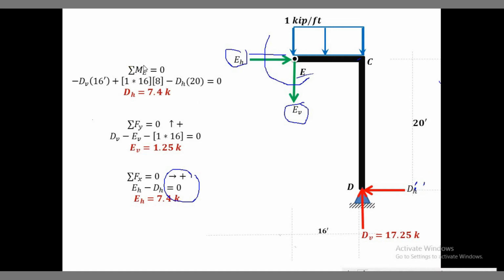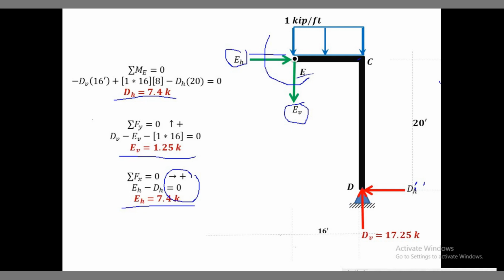So if I take summation of moments at E, masosolve ko si DH, then makukuha ni EV, then ni EH. If you double check this one, makikita ninyo na magiging zero si moment at E. Again, nagkataon lang kasi na dito sa example na to, nag-zero si E.